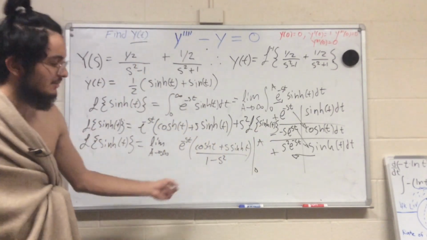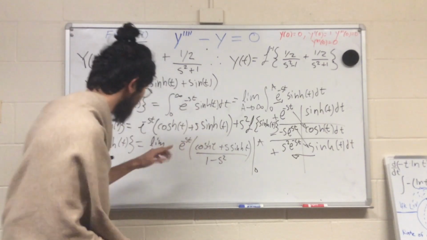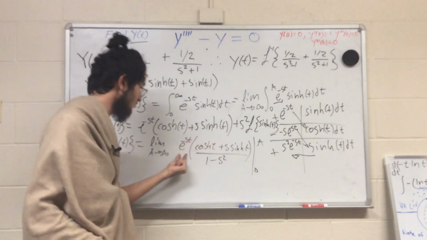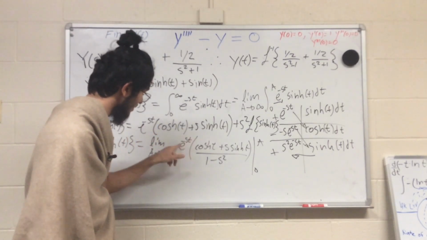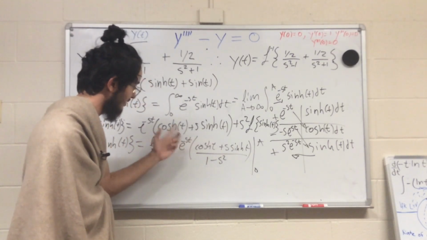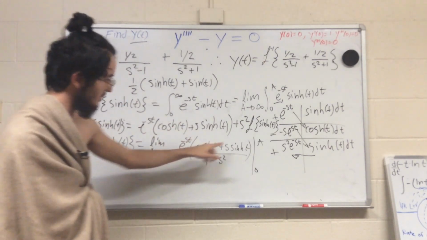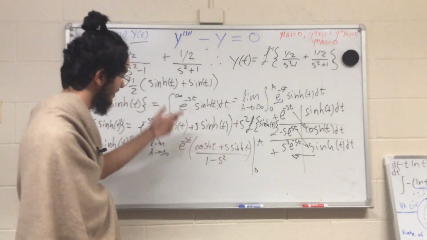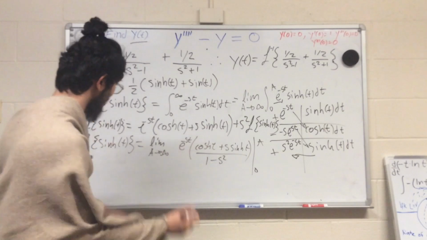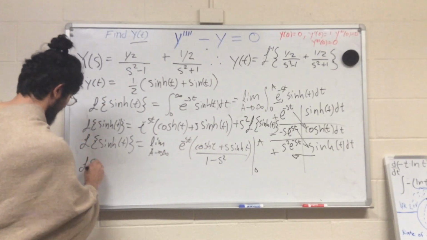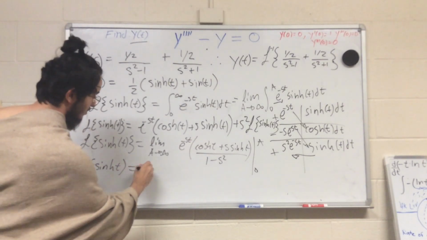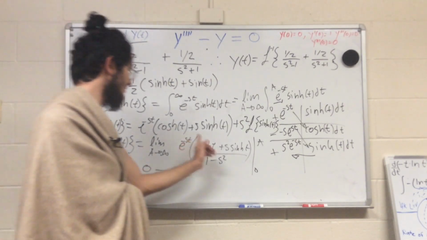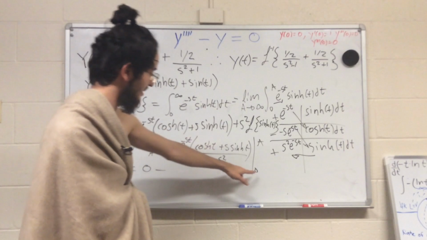Now when we evaluate the limit at infinity, the exponential function is going to be dominant, and this is basically a negative exponent, so when we have e to the negative infinity, we get 0. So the Laplace transform of sinh of t equals 0 minus the lower limit evaluated at 0.